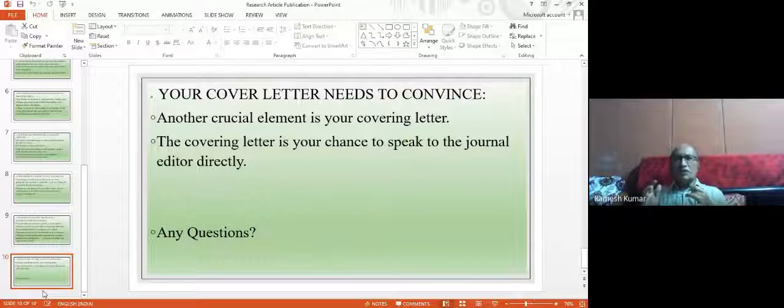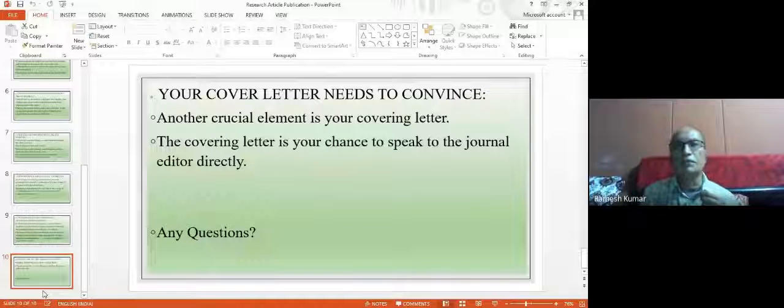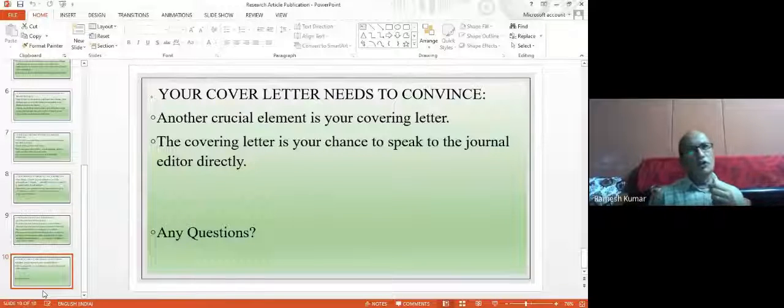The covering letter should be written in such a way that you are speaking directly to the journal editor, explaining why exactly your article is important for that particular journal and why they should publish it. This is what you have to talk about in the covering letter, not about the problem or the solution and all that.